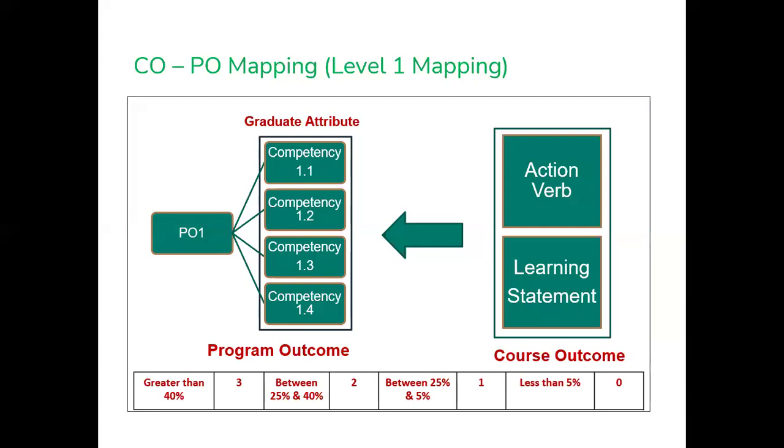Between 25% and 40%, you can give 2. Between 5% and 25%, you can give 1. Less than 5%, you can give 0. Okay, so this is the way we can map a CO with a PO. See, program outcomes are more generic. That is why even if 40% of the competencies are addressed by a particular CO, you can give full mapping, mapping strength 3.